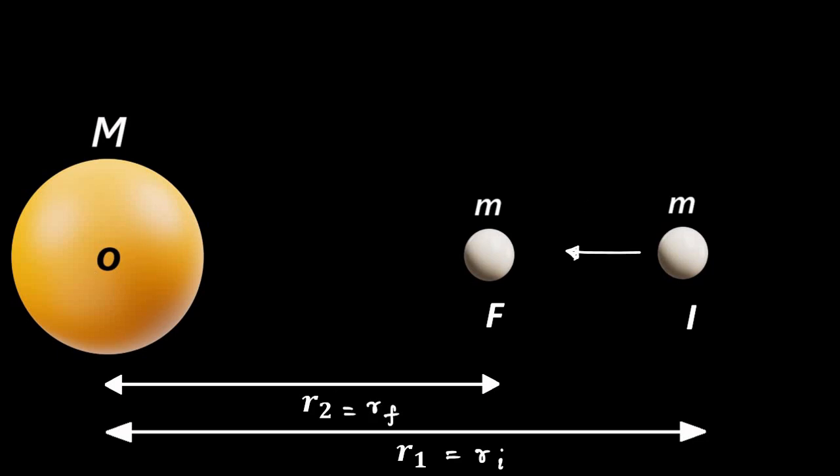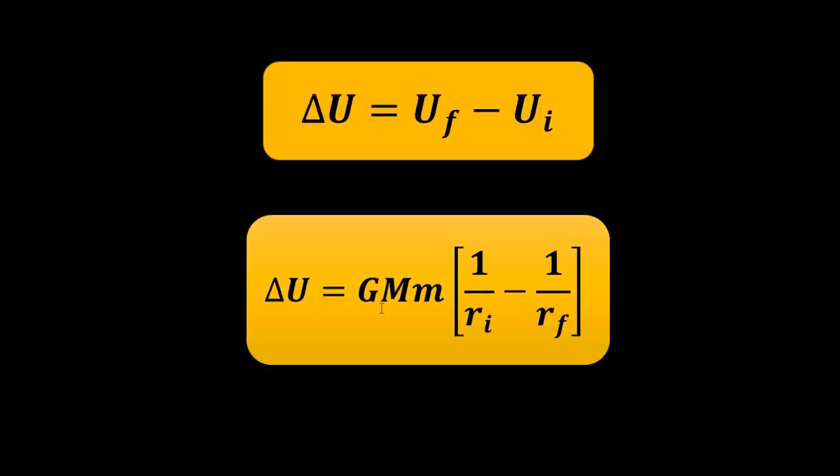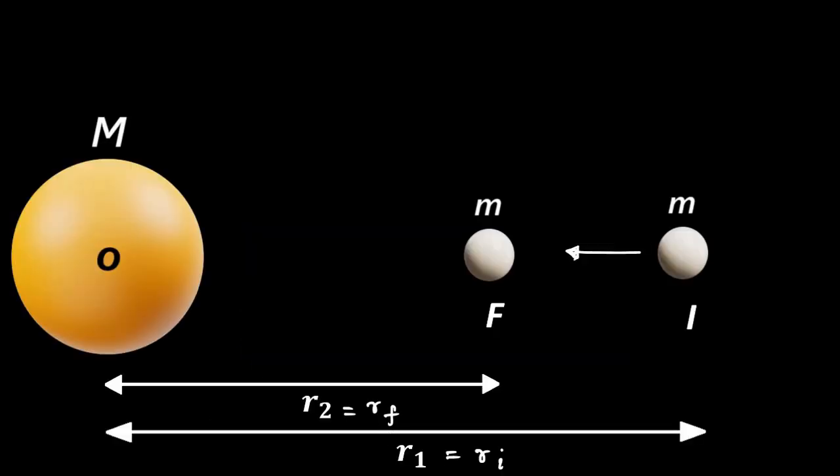So the change in potential energy is given by delta U is equal to G capital M small m times (1 by Ri minus 1 by Rf). In this case it will be G capital M small m times (1 by R1 minus 1 by R2), because Ri is equal to R1 and Rf is equal to R2.